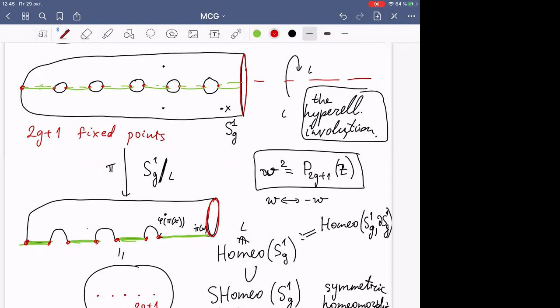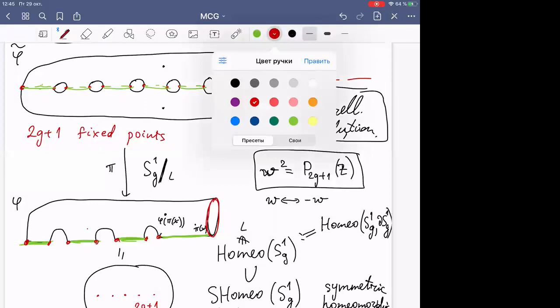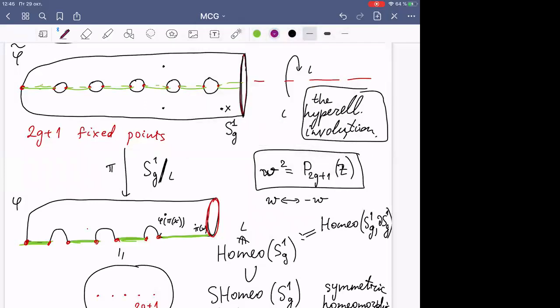If we would like to understand, so we have a homeomorphism phi downstairs, and I would like to construct phi tilde upstairs. I know that phi tilde is trivial on the boundary, and now I would like to construct phi tilde of x. So I proceed in the following way.